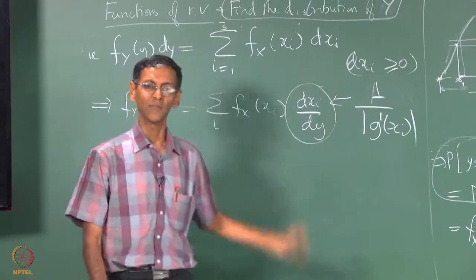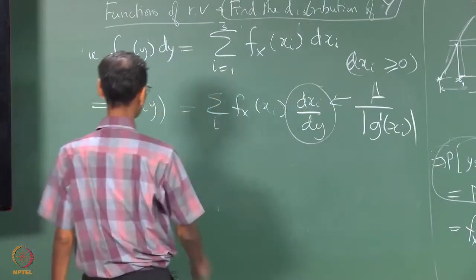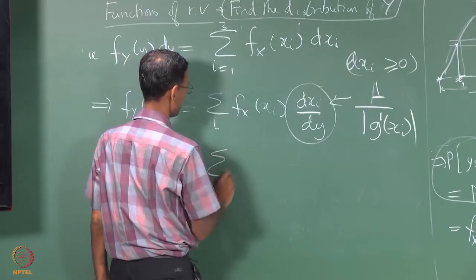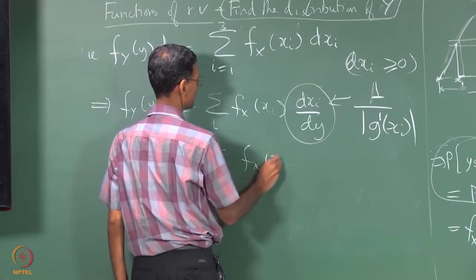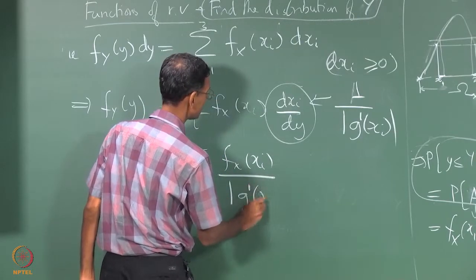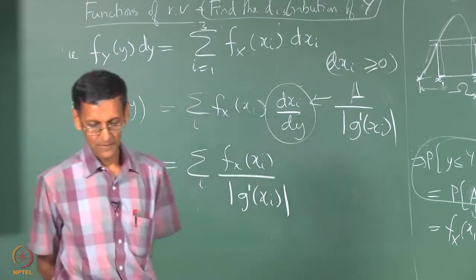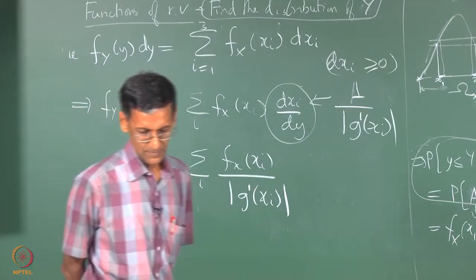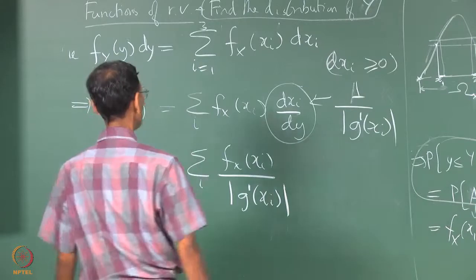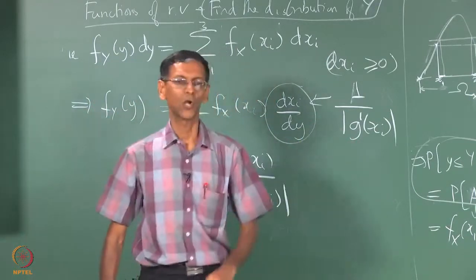So there should not be any problem for us, and therefore we will write this as sigma over I fx of xi divided by mod of g dash, the derivative at xi. This is basically the formula we want, and we are going to assume of course that the derivative is not 0.